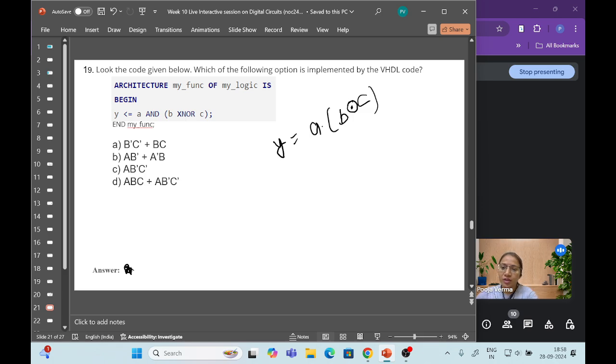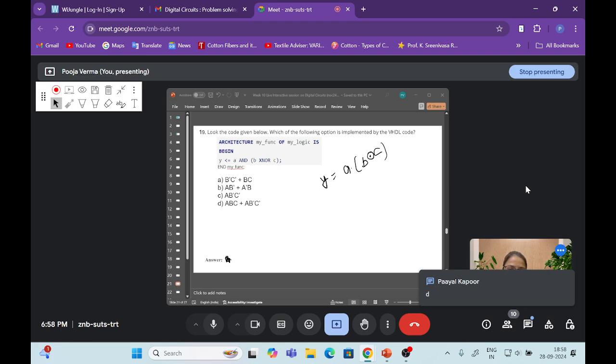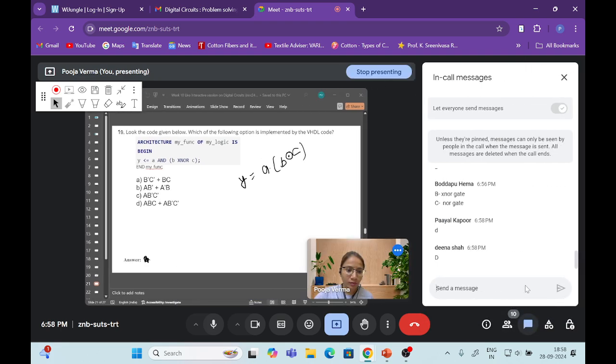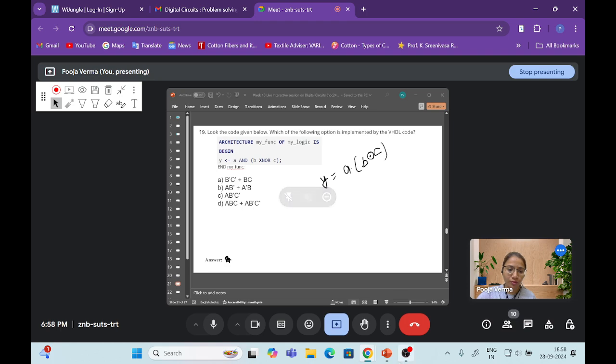So which option is correct for this question? If you can answer this question. Yeah, D is the correct answer, but how?